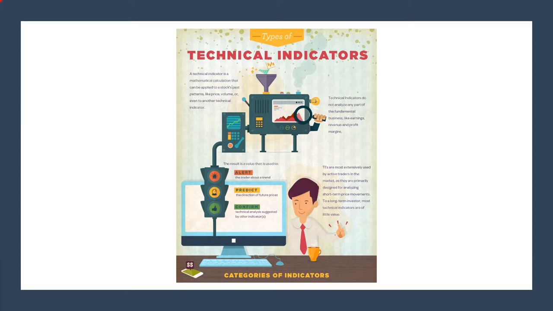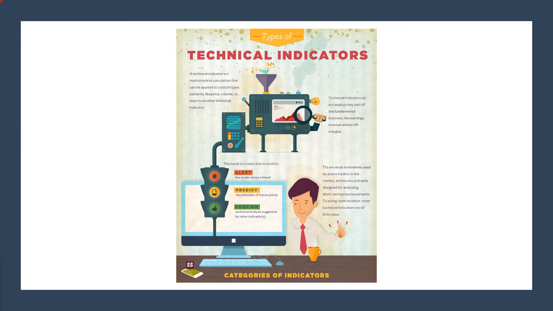A technical indicator is a mathematical calculation that can be applied to an asset's price patterns, like price, volume, or even another indicator, to come up with a mathematical value. That value then can be analyzed. Technical indicators do not analyze any part of the fundamental business, like earnings or revenue or economic data.